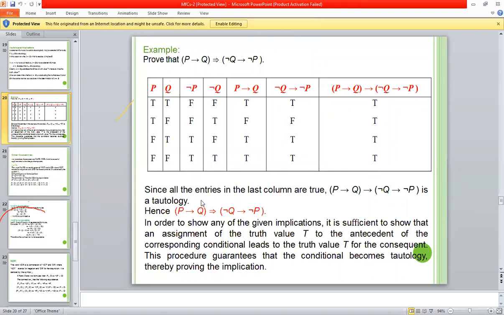So since all the entries in the last column are true, we say that the given formula is a tautology. Hence we write P implication Q implies negation Q implication negation P.